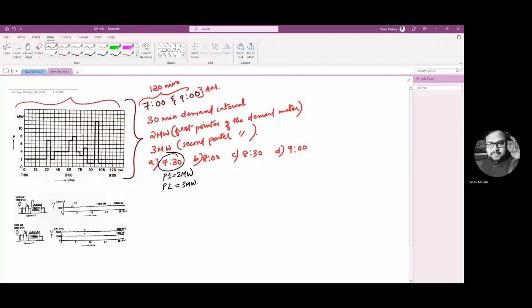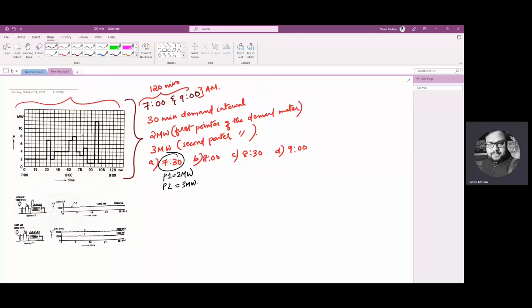Now, what about the average power between 7:30 and 8 from the plot? You can see that from 7:30 to 8 it has some fluctuations. So to find the average megawatts, we need to find the energy and divide it by time.